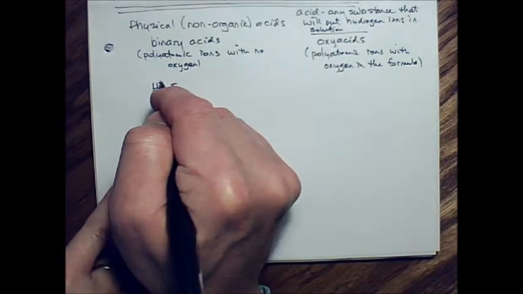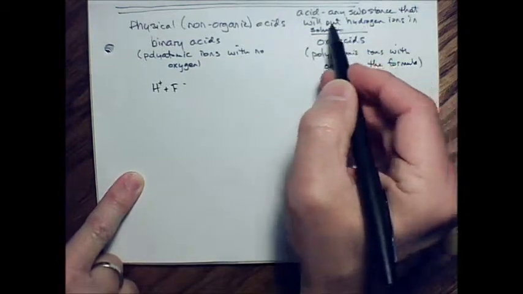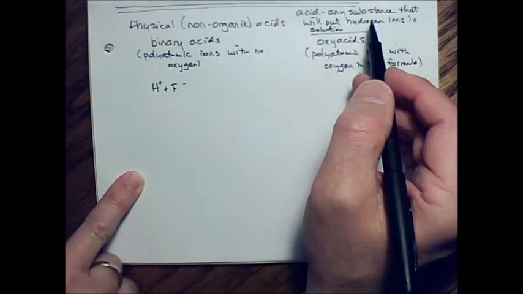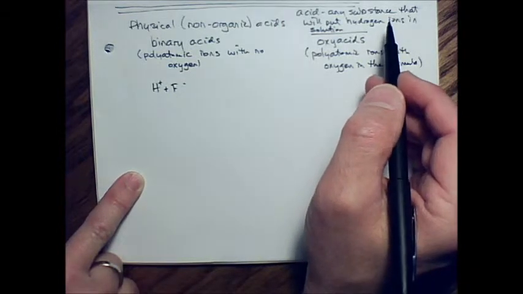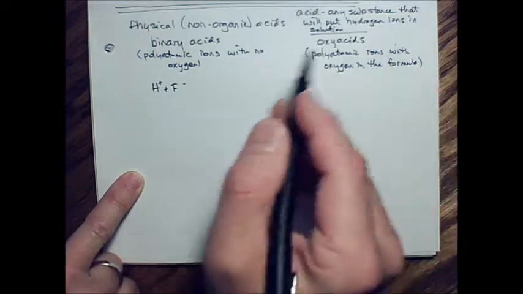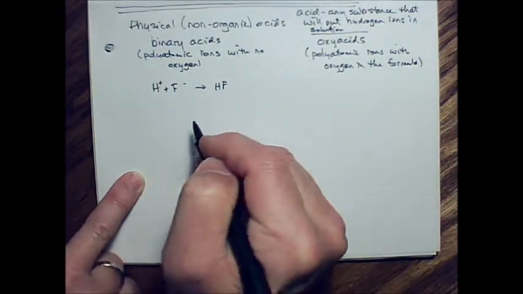One plus and one negative. Now the hydrogen ions that we're going to put on all our acids are always the positive ions. And then we put them together, we get HF.